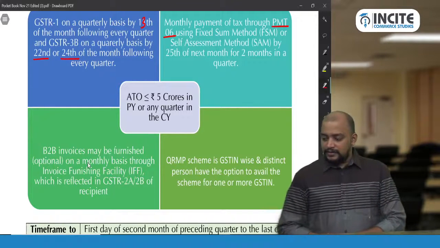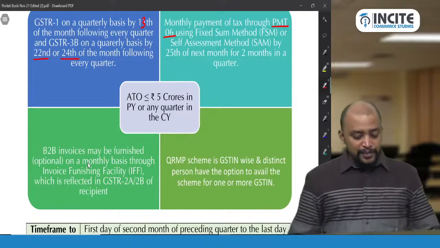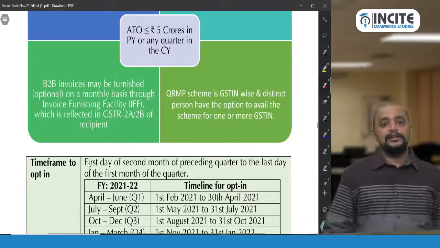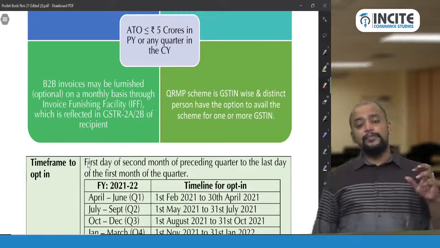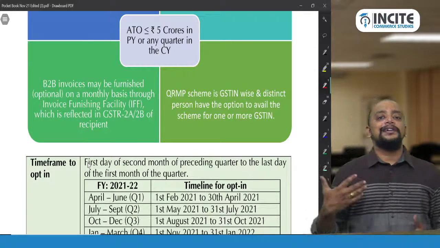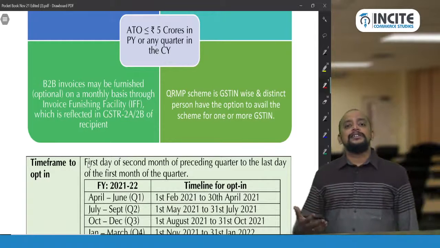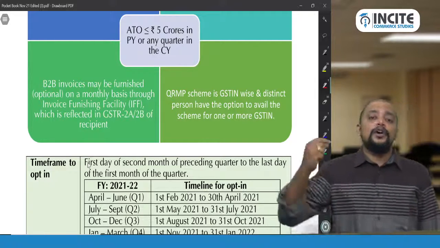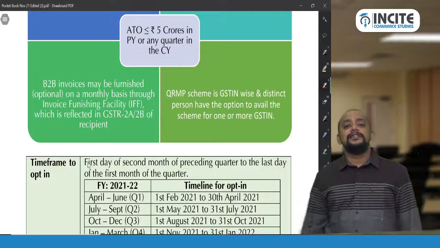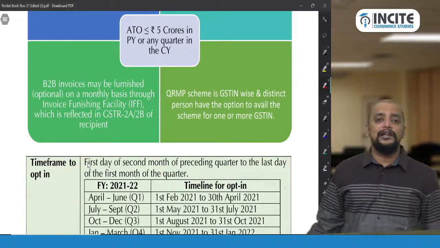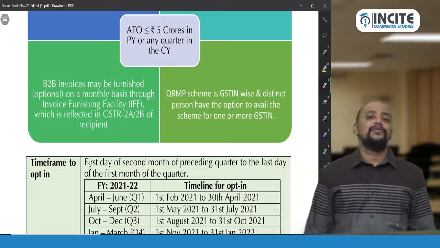And then, B2B invoices may be furnished on a monthly basis in the invoice furnishing facility. The supplier is required to furnish the details of invoices through the invoice furnishing facility if he wants to give the credit to the recipient, because with quarterly return and monthly payment, the credit can be availed by the recipient only on a quarterly basis, because GSTR-1 will be filed quarterly.